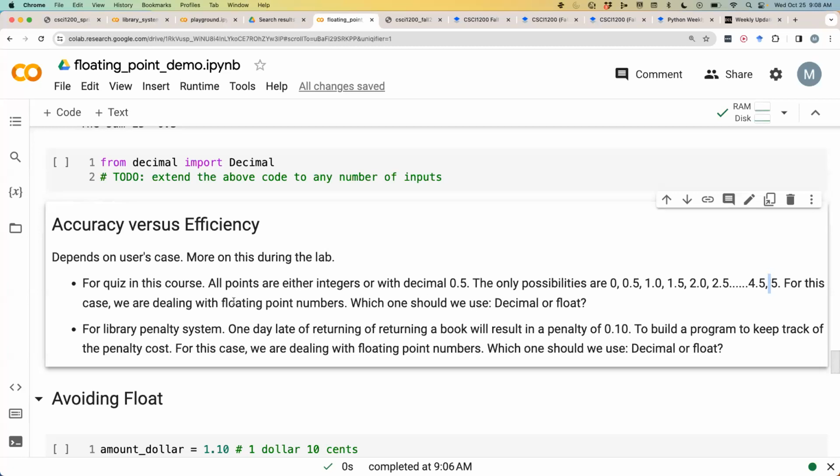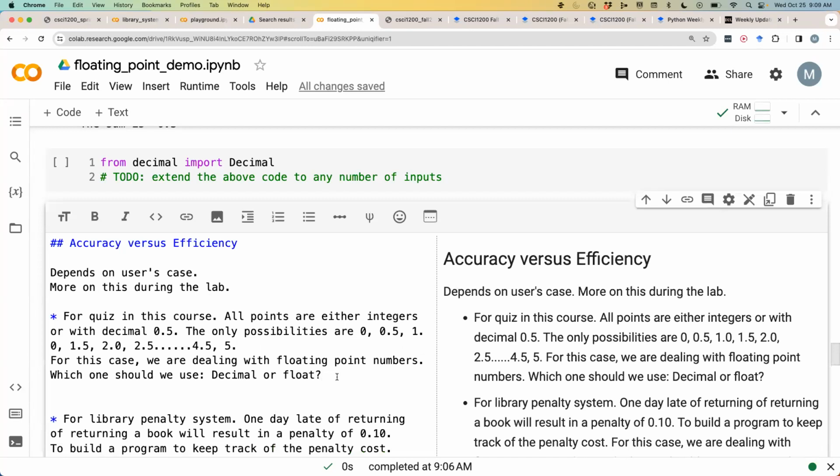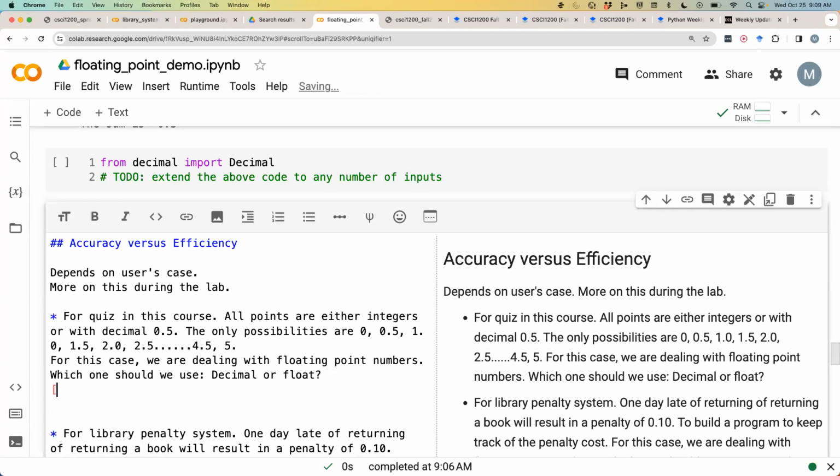So for this case, we are also dealing with floating point numbers. We have decimal values here. So which one should we use, decimal or float? So we have 0.5, and we know that 0.5 can be represented precisely as float.